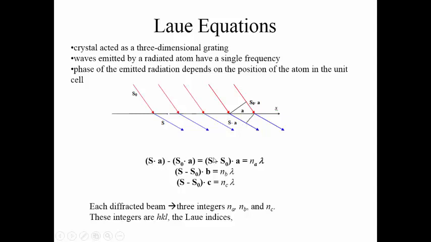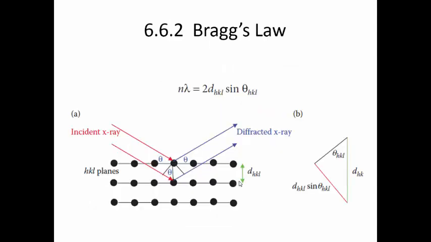And here you have this equation, and each diffracted beam has 3 integers, H, K, and L, and they are the Laue indices. Bragg's law kind of combines the 3 Laues into one. Both laws are useful, and they're essentially the same thing.